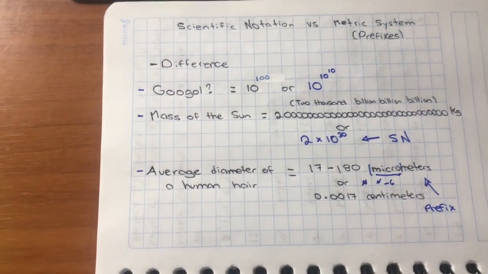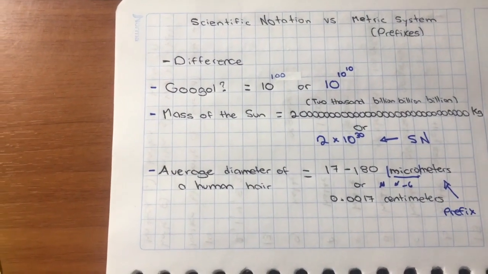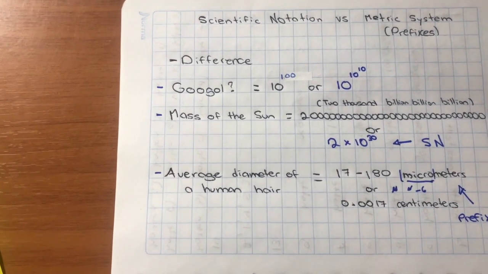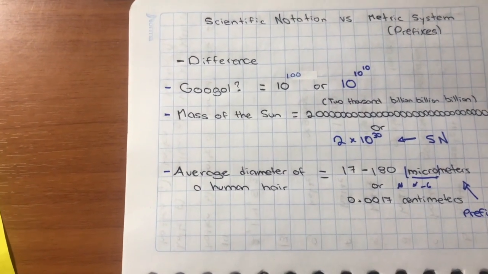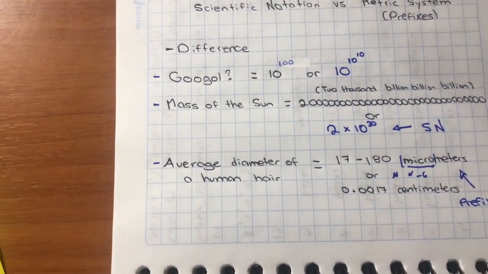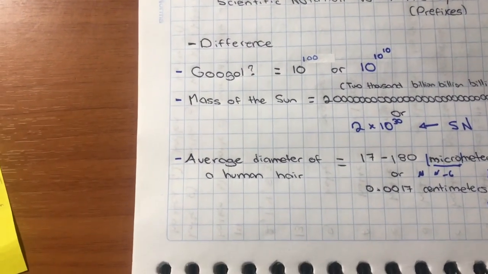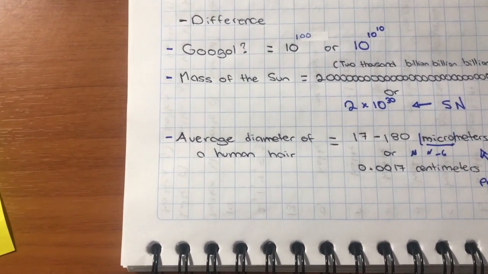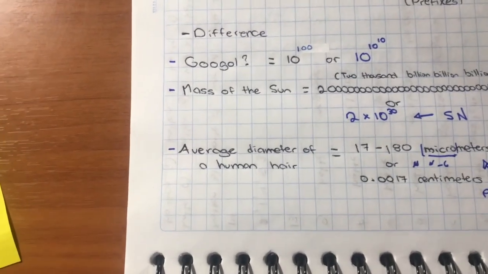The primary, the most important difference is that in the prefix system, instead of using the powers of 10 literally by the number, you change it to alphabetical prefixes such as tera, giga, mega, kilo, hecto, deca, deci, centi, milli, micro, nano, and so on.